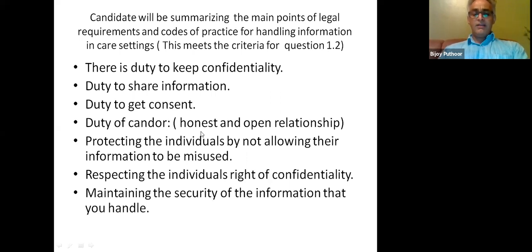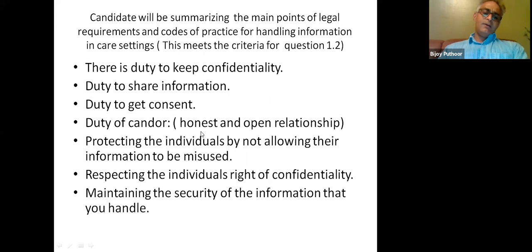So if you're writing daily notes about a client, you have to write that in their file and keep that in a secure place. If you're dealing with information about medication, that has to be kept in the medication cupboard, which always has to be locked shut. If you're using electronic media, you have to protect the information that you are saving using a password.